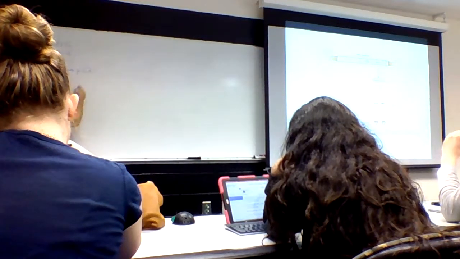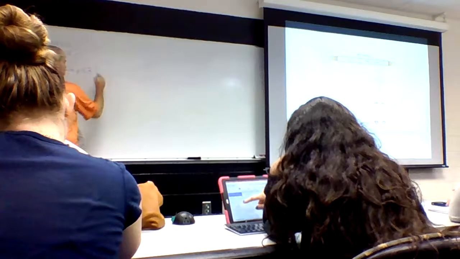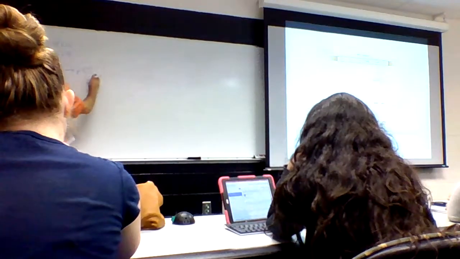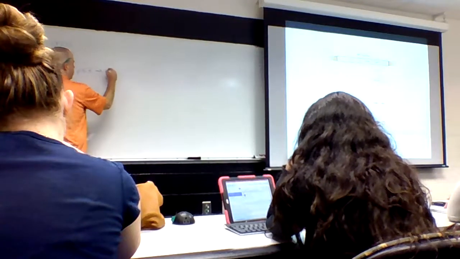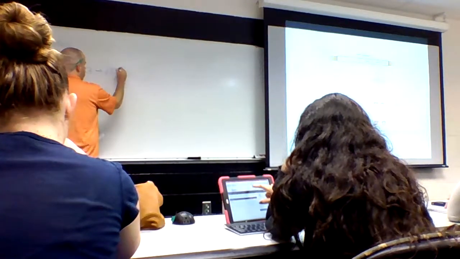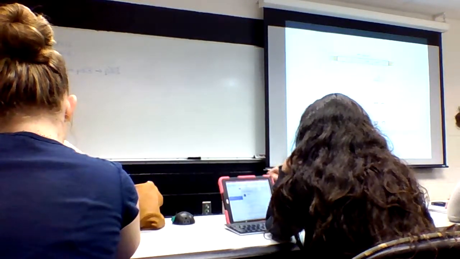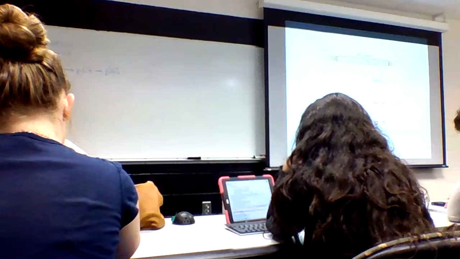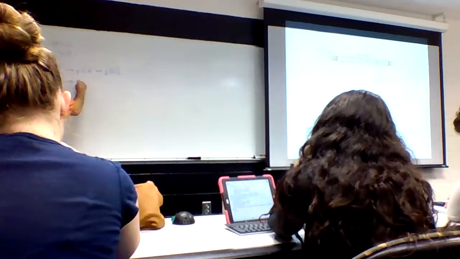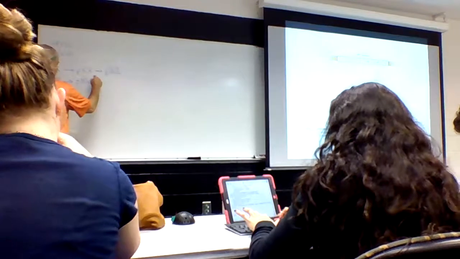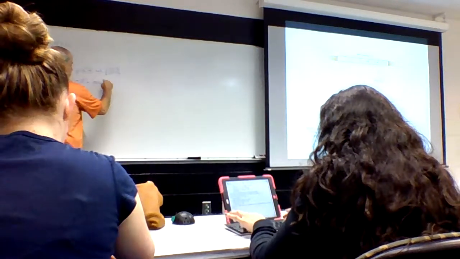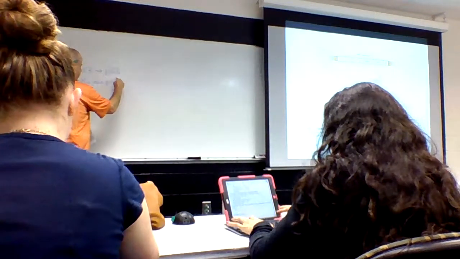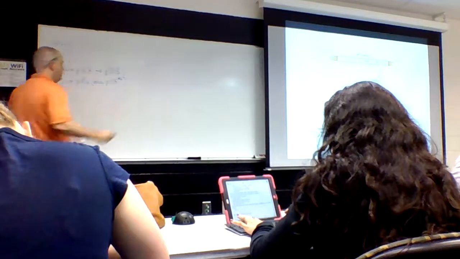E6 binds p53, leading to destruction. E7 binds pRB, aka p105 RB.